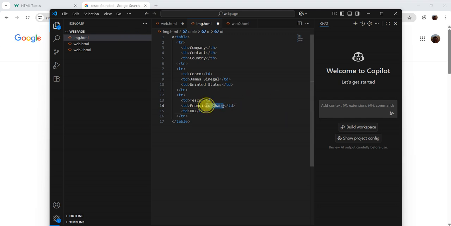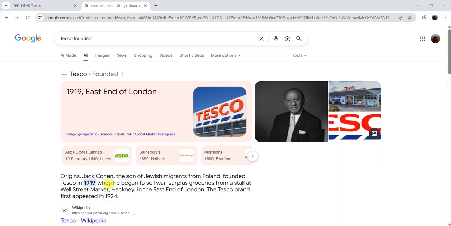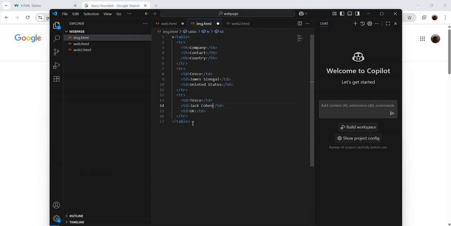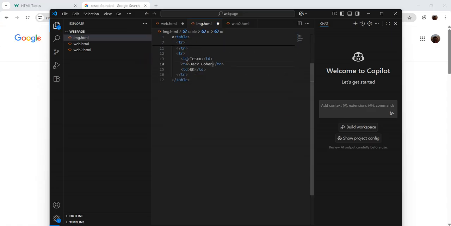And it was founded by a man called Jack Cocken. Okay, so now we know that.